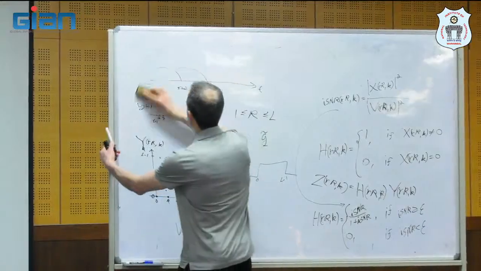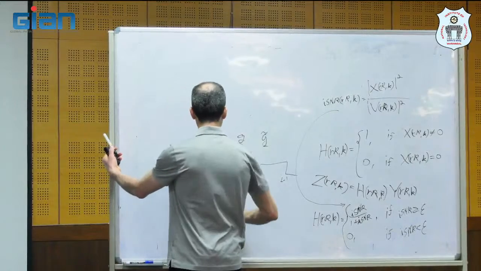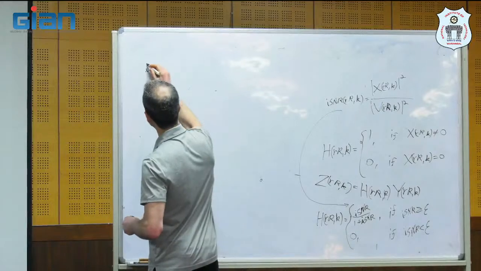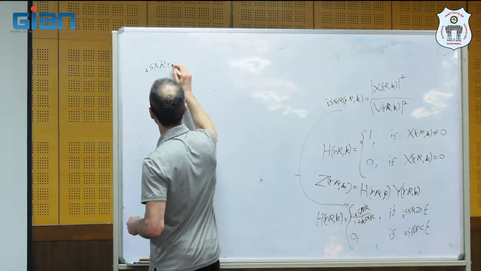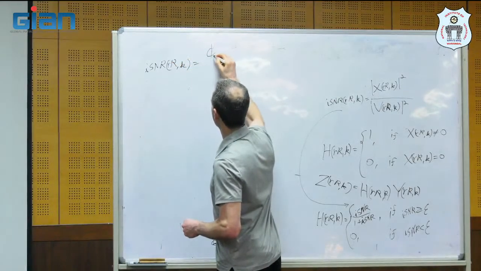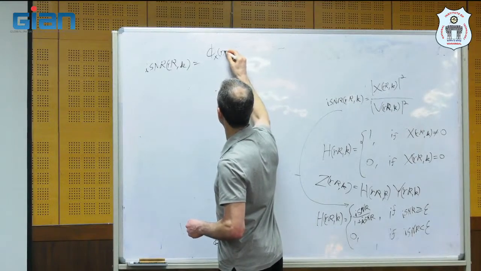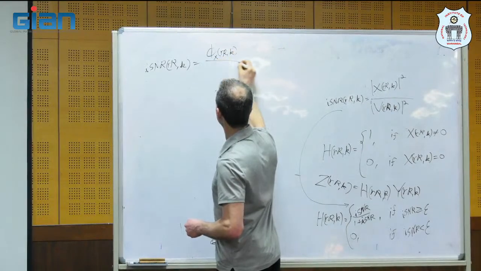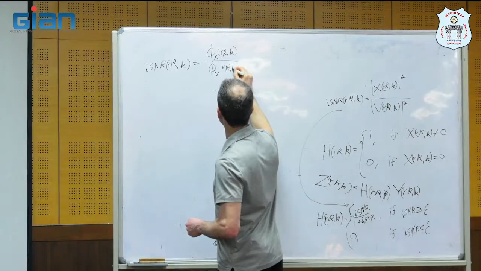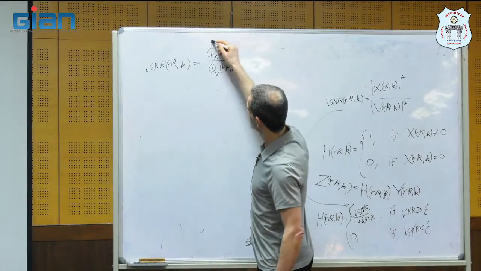In practice, the input SNR is phi x divided by phi v. So we can put here estimates.